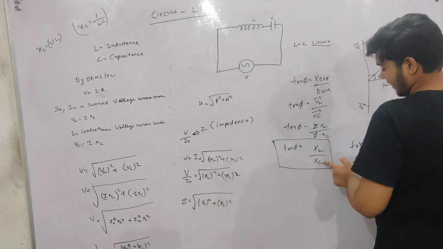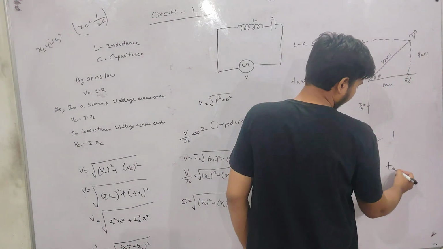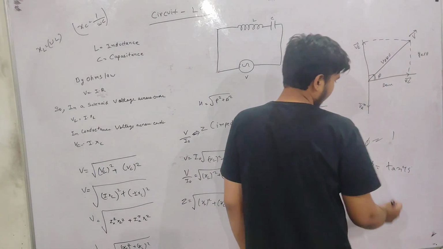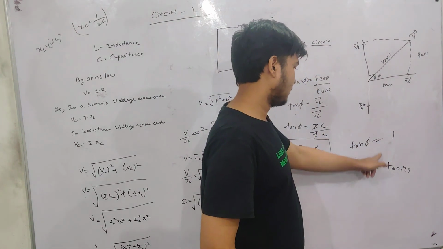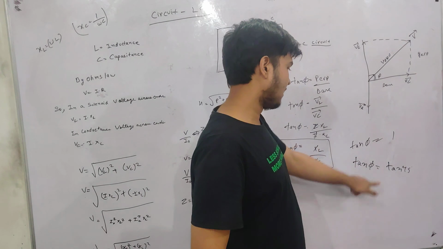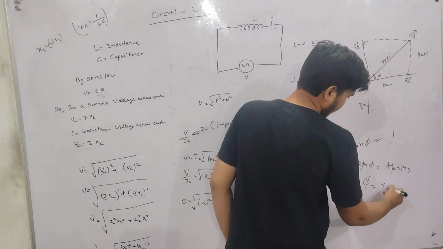If by dividing XL and XC we get an approximate numerical value, then we use the trigonometric identity in the form of tan inverse, and we will get the angle between them.